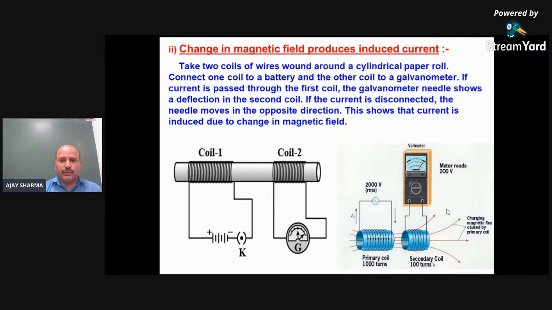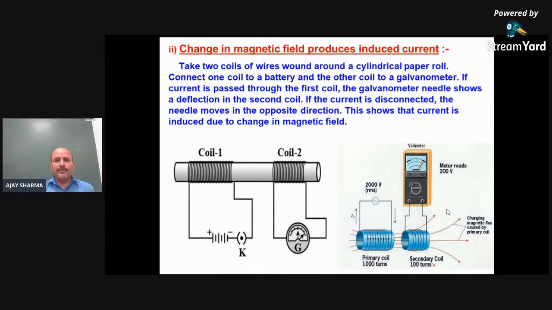You can see on the right side there is a diagrammatic representation also, practically the coil number 1 and coil number 2. Coil number 2 is attached with the galvanometer or any electronic voltmeter. You will see the deflection, and this deflection will prove that current can be generated in a conductor with the change in the magnetic field.